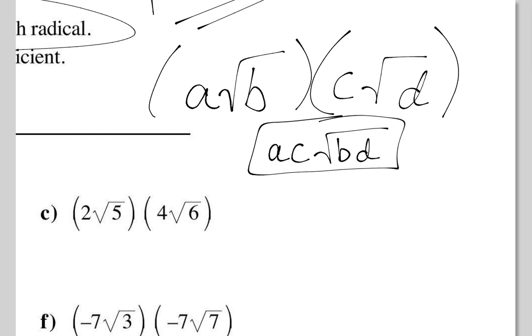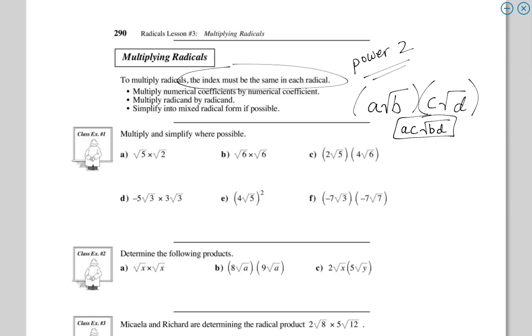That's what you're looking for. You put the regular numbers together, and then you put the radicals together. It's kind of like you smush them together. A and C get smushed, B and D get smushed. You guys cool on that?